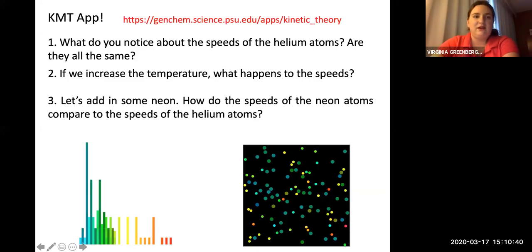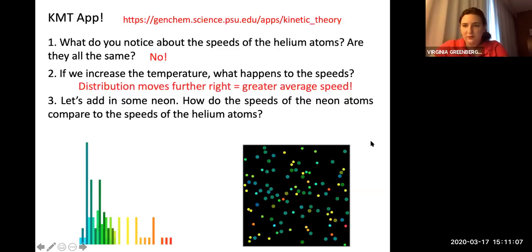Okay. So if we were to look at the questions that are listed here, it asks us about the speeds of the helium atoms that we were looking at the beginning. And we could see that no, they weren't moving at all the same speed. We had that distribution, which is marked in a sample plot there on the left. The second question that they pose is, if we increase temperature, what happens to the speeds? And we saw those particles move more quickly.